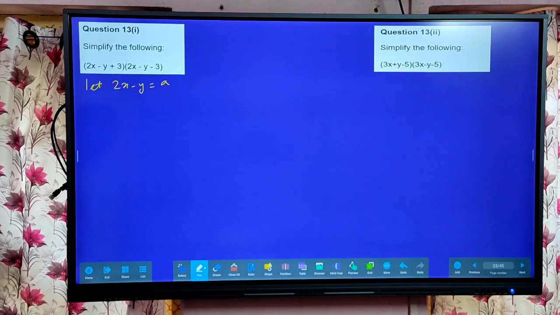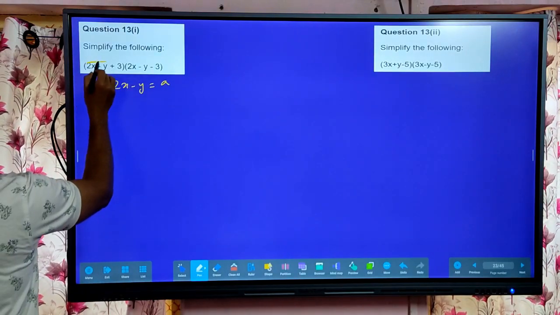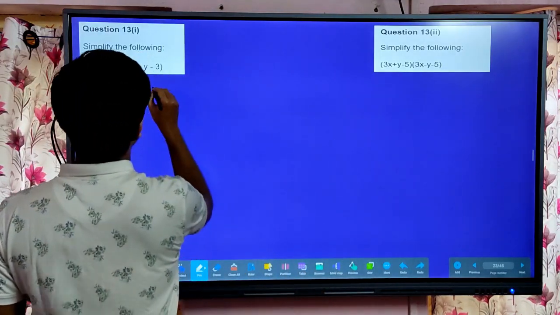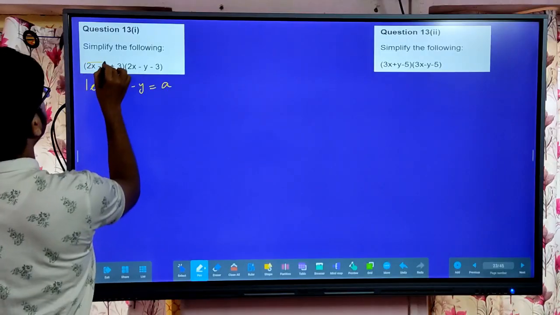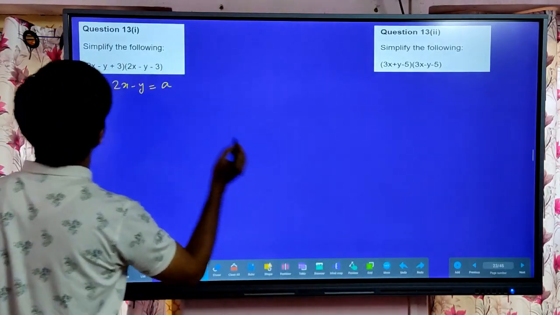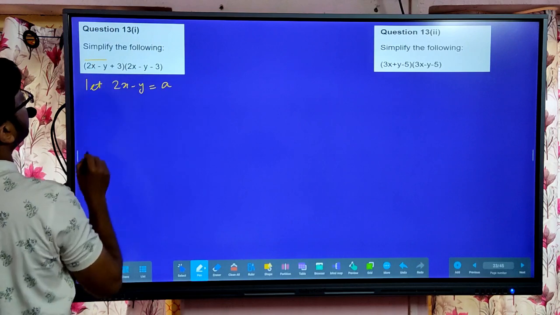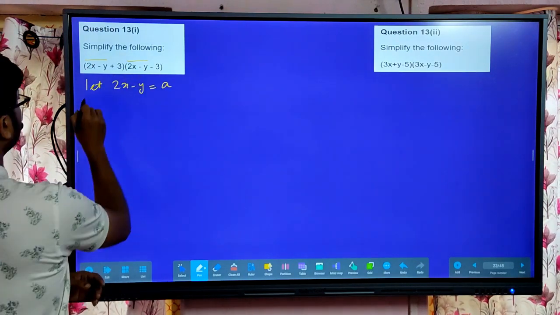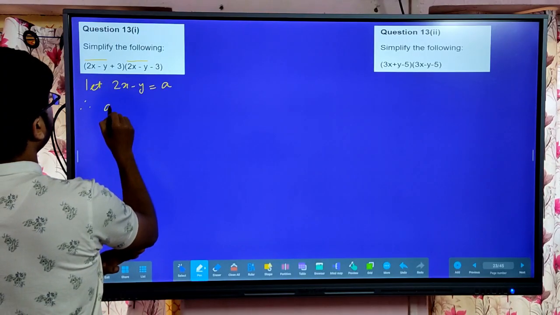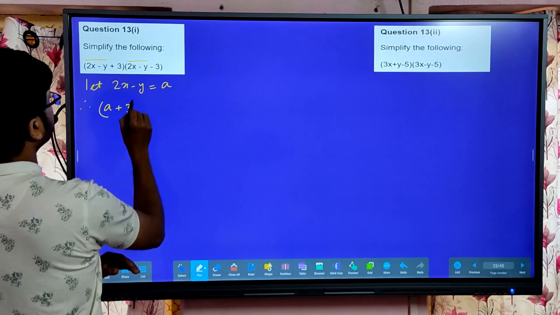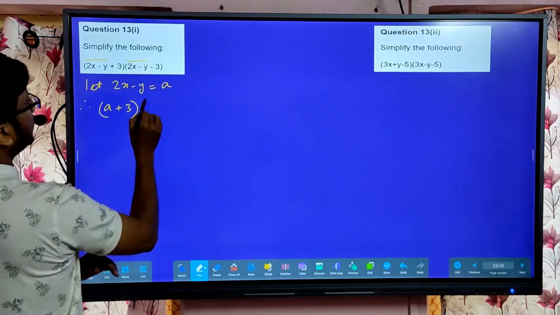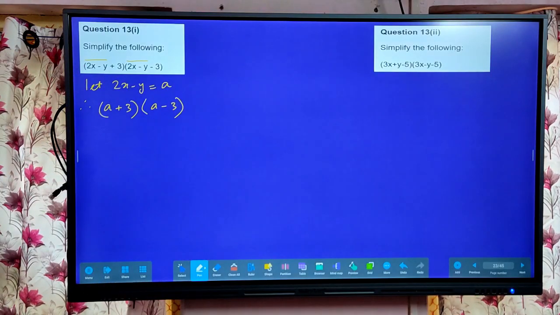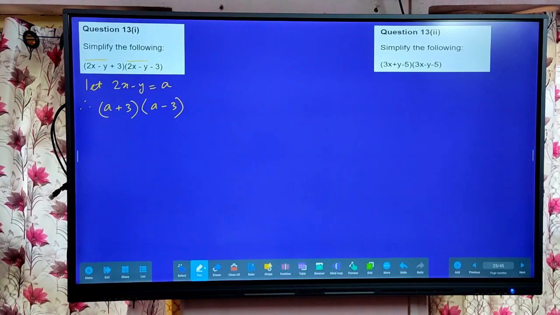Then how will the expression change? This portion is a, this portion is a. So the expression becomes a plus 3 into a minus 3. Now this we will handle by a square minus b square.